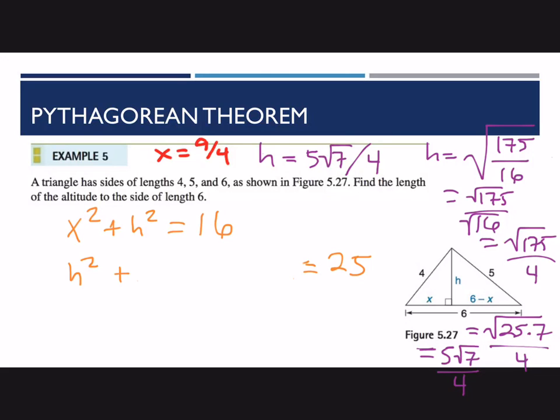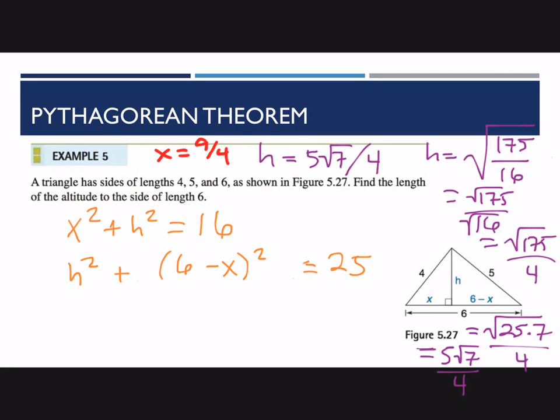Yeah, let's do that. Okay, so this was 6 minus x squared. Okay, so what I would do is notice that the h squareds are both on the left. Okay, so if I subtract these two equations, I'm subtracting like this whole side minus this whole side.